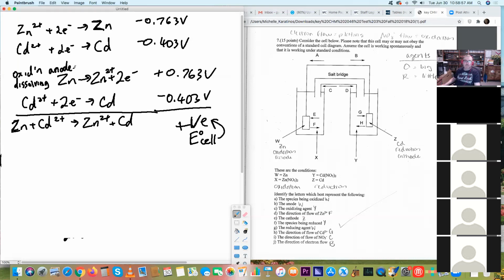Any questions? Like, so we can say the reduction, it's just forming into a solid, right? That's right. So I would say plating, reduction, plating, and cathode.